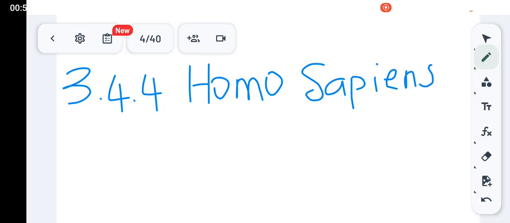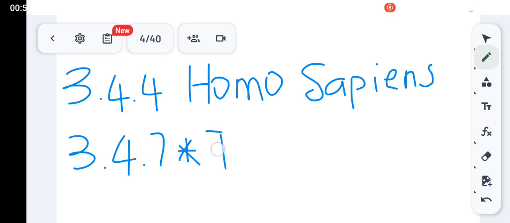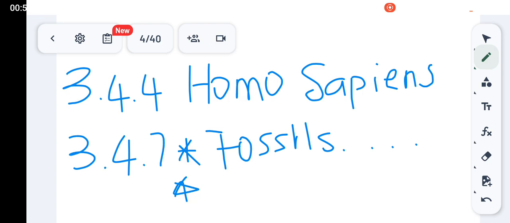So let's just write it down. It's 3.4.7. We are going to start by saying fossils of Australopithecus were found in Africa only. That is the first point. Fossils of Australopithecus were found in Africa only. Apologies.